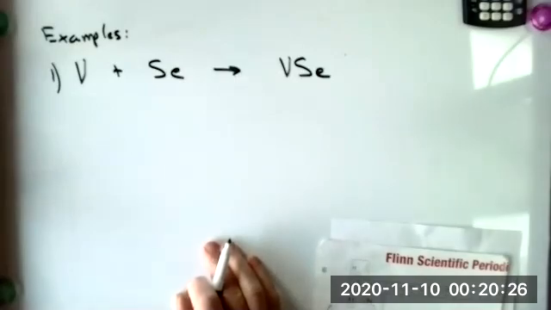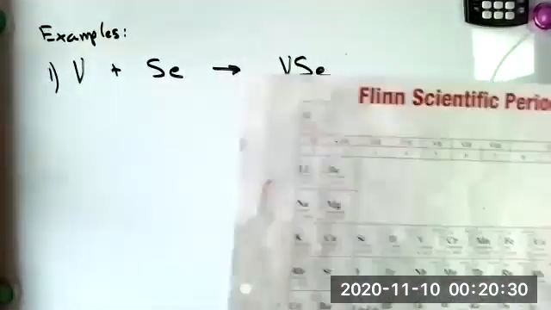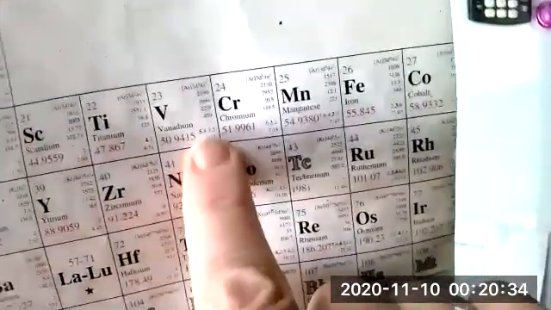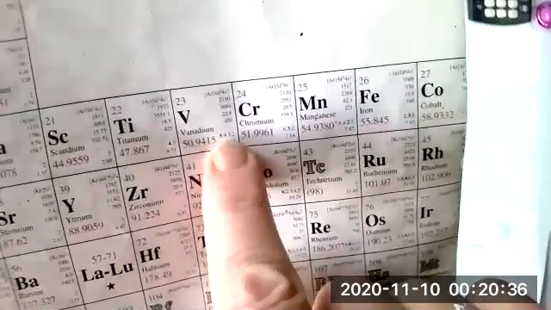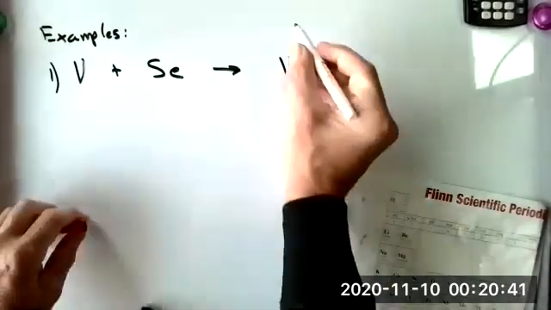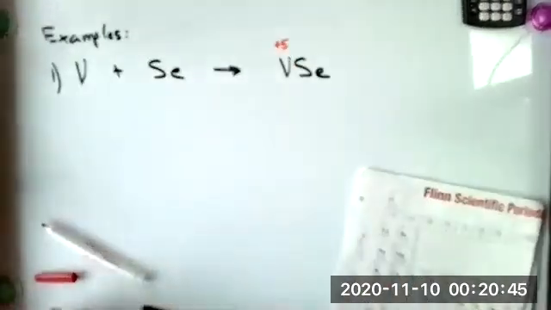Now I need some oxidation numbers, so now it's time to cheat off the table. Vanadium, there he is right there. And I can tell on my table that he has a +5. That's his most stable oxidation number.